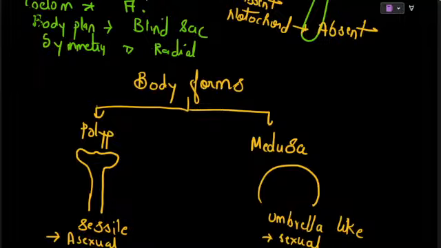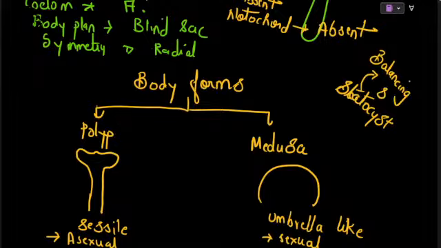What is statocyst? Balancing structure. It is absent in polyp and present in medusa.